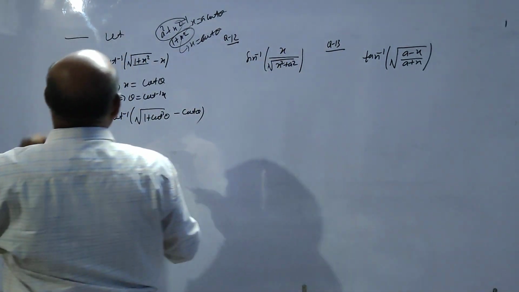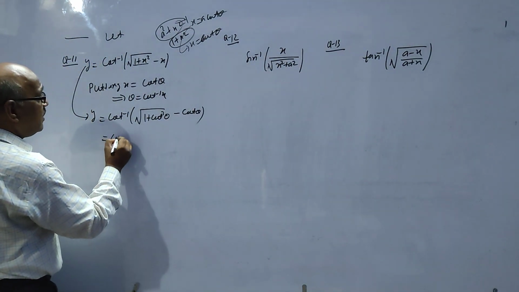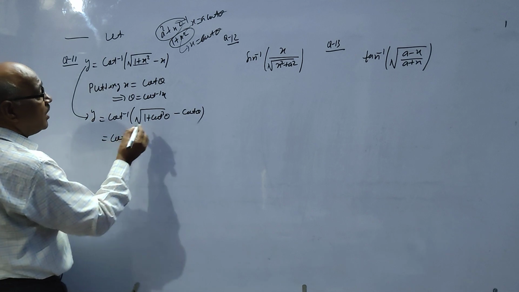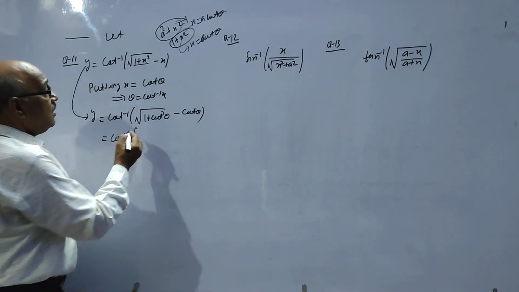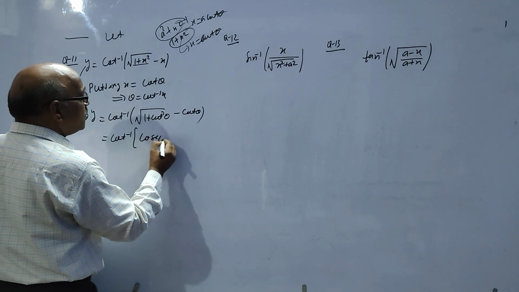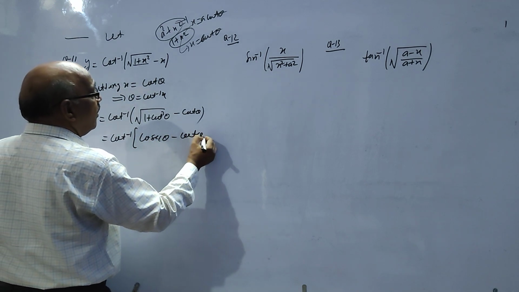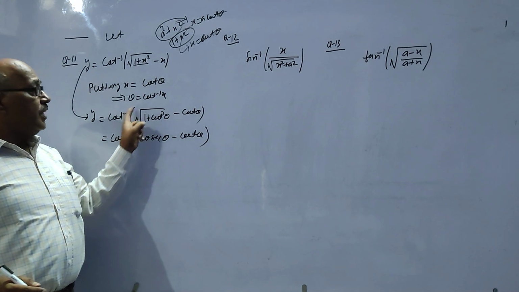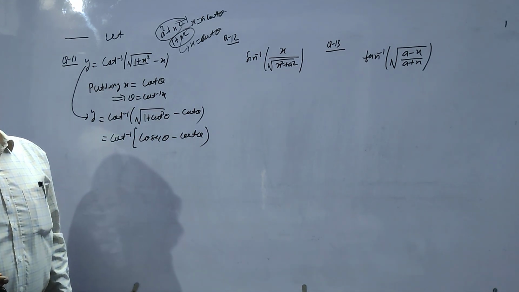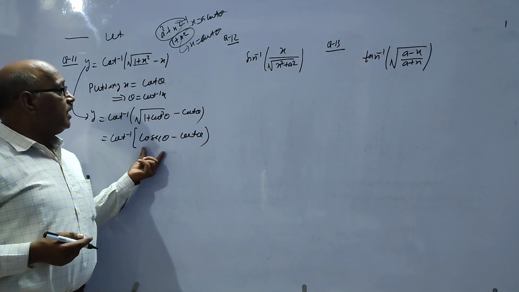So you have to simplify this, dear. That is equal to cot inverse of under root 1 plus cot square theta, that is equal to cosec square theta, so that is equal to cosec theta minus cot theta. 1 plus cot square theta is equal to cosec square theta, so this becomes under root cosec square theta, and its square root is cosec theta.